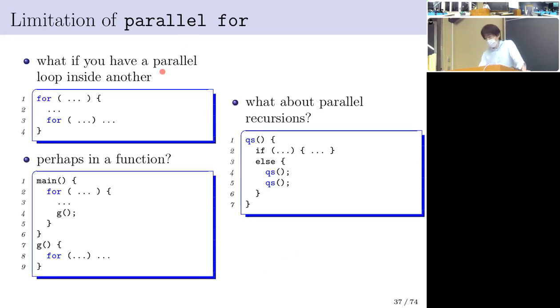But here are the limitations of the combination of omp parallel and omp for. One is, like I already suggested in passing, nested parallelism. So you have a for loop and another for loop nested inside it.